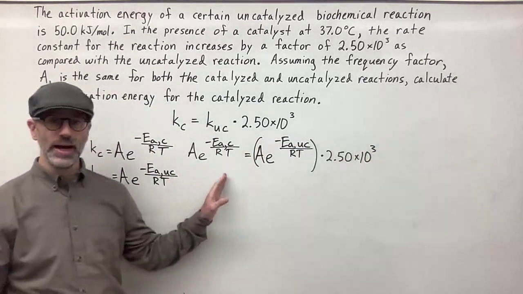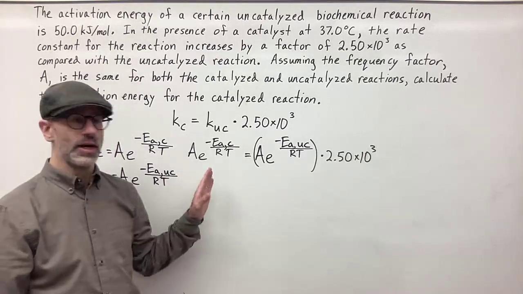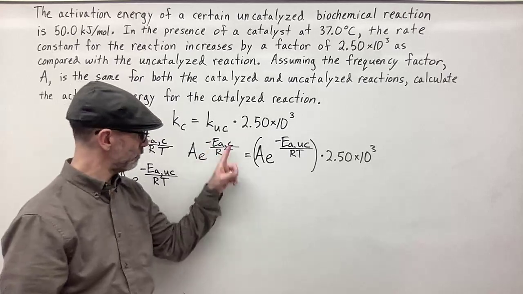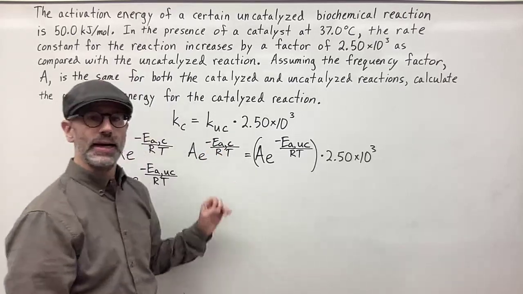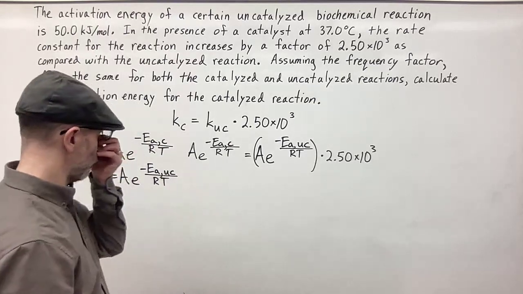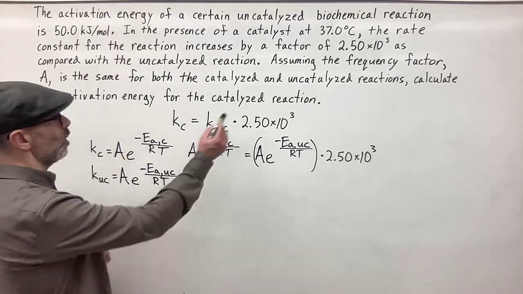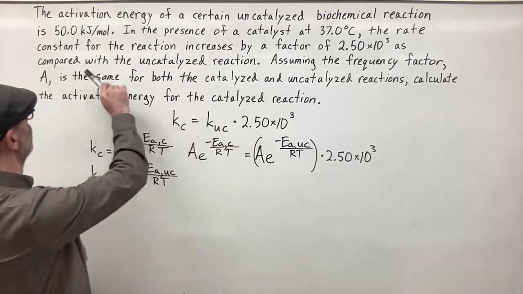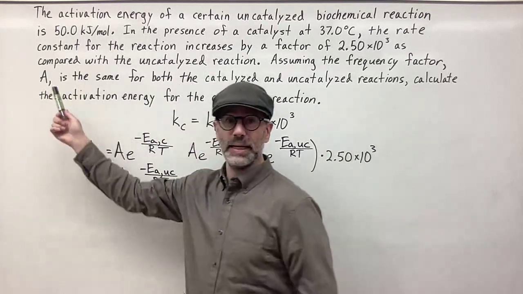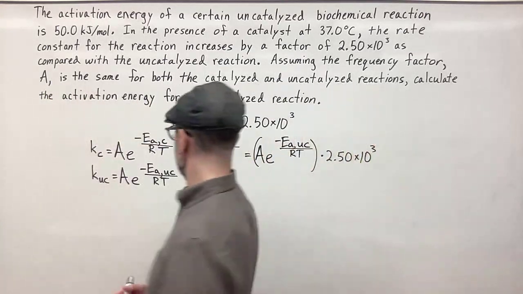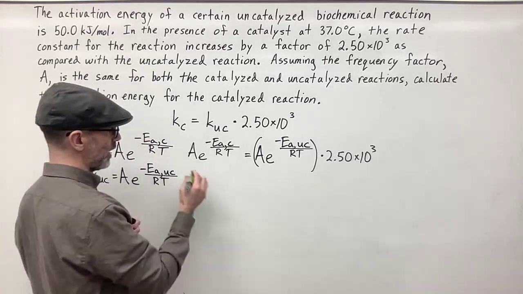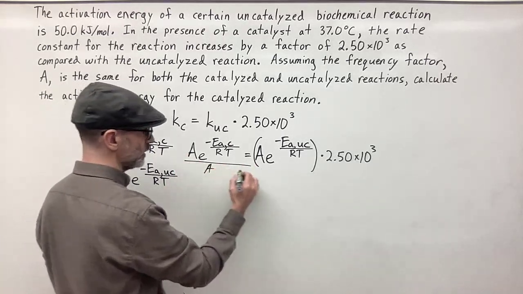Okay, so now that we have this equation in terms of the frequency factor, activation energy, temperature and all that, we can simplify this equation and drop some stuff. The first thing is, we're told to assume that the frequency factor A is the same for both reactions. So we'll notice that these can cancel out if I divide by A on both sides.